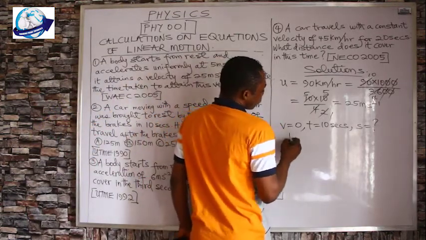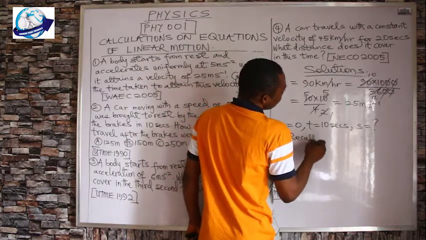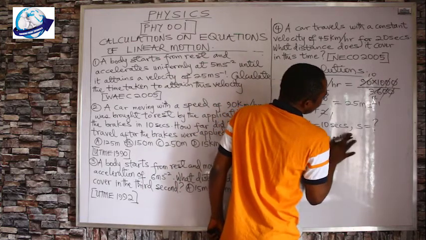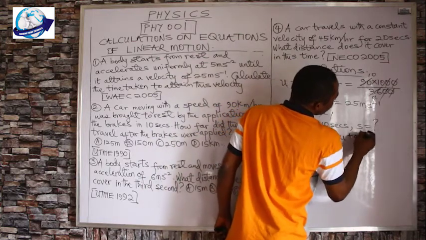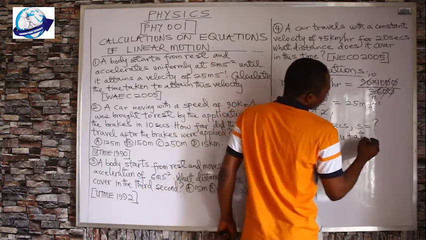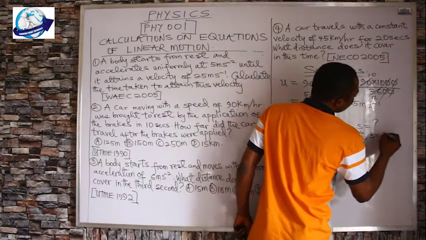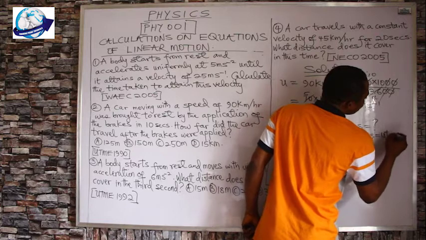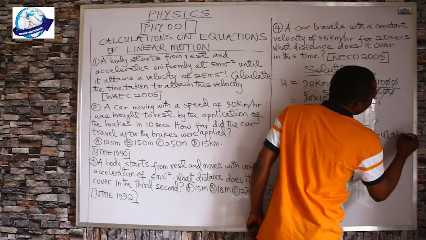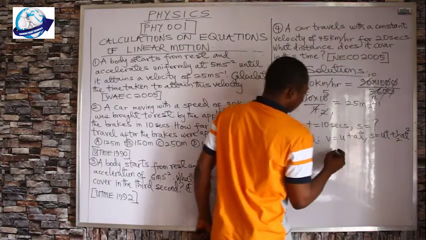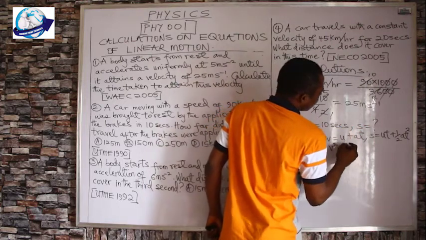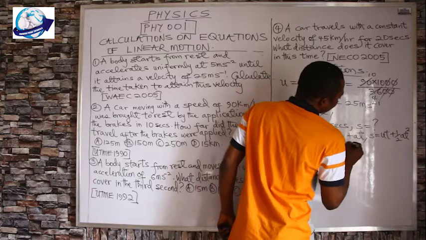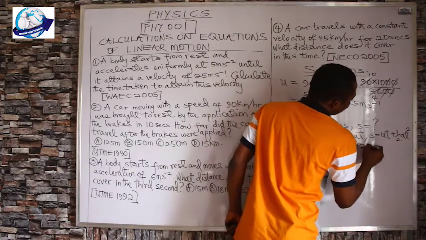You have to recall right here that V is equal to U plus AT, and that also S is equal to UT plus half AT squared, and that V squared is equal to U squared plus 2AS.